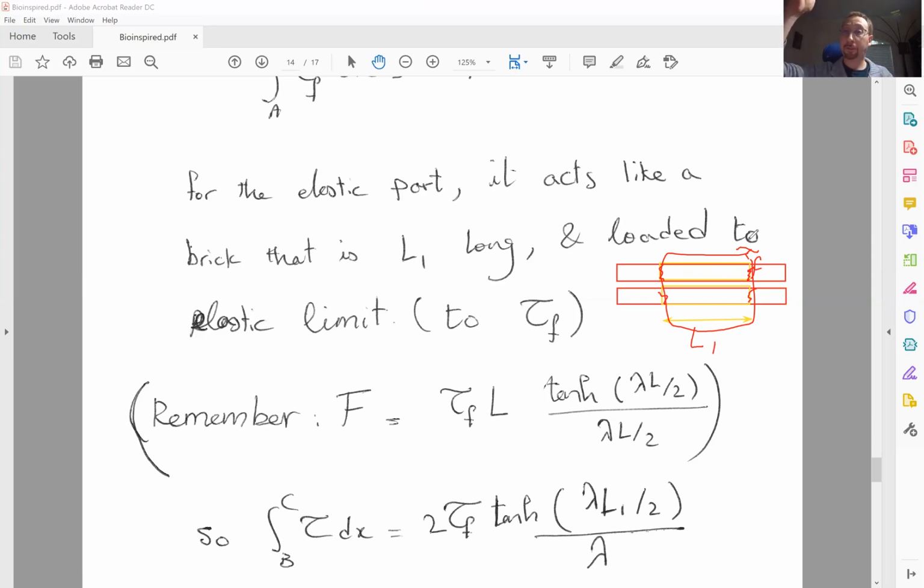In the first case that we solved, L was a constant. In this case, L1 is a variable, but the basic principles and the equations we use remain exactly the same. So if we replace L in the first part of the problem, which was elastic, with L1, we should get exactly the same equation. This is what we had from the past. If I just replace L with L1, I'm done. And it still is tau f because the boundaries are reaching tau f.